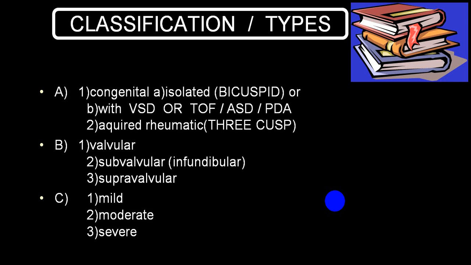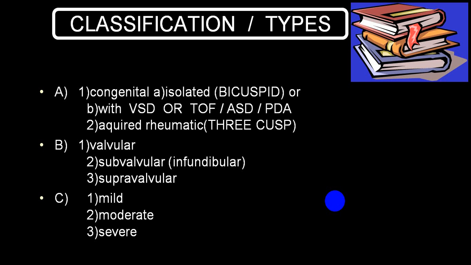When it is associated with other congenital defect like ventricular septal defect, it can be pulmonary atresia or it can be a tight pulmonary stenosis, which can be associated with other congenital heart disease like ASD or PDA, more commonly PDA rather than ASD.